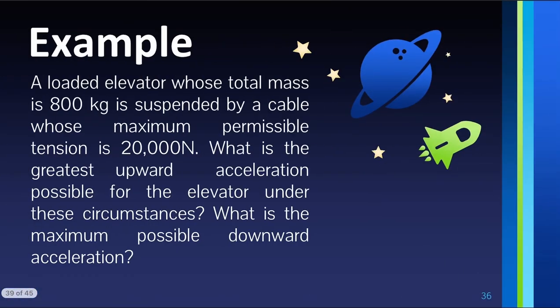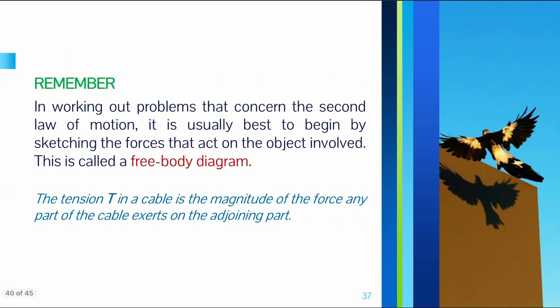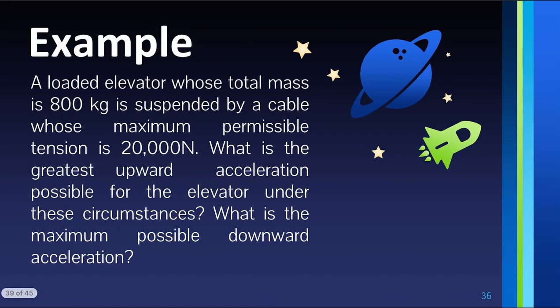The problem says that the total mass of the loaded elevator is 800 kilograms, which includes, of course, the passenger and the mass of the cable itself. So M is equal to 800 kilograms. The maximum permissible tension is 20,000 newtons.